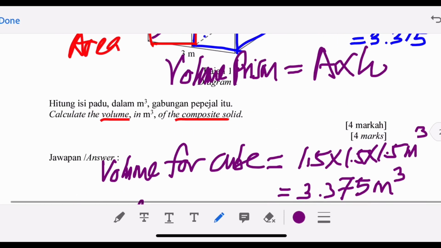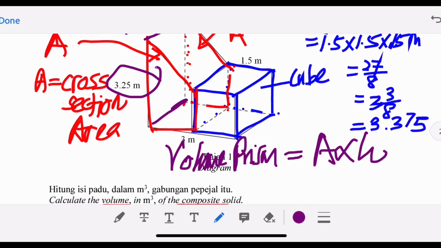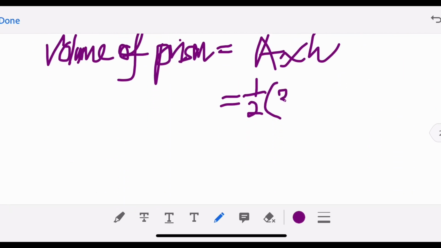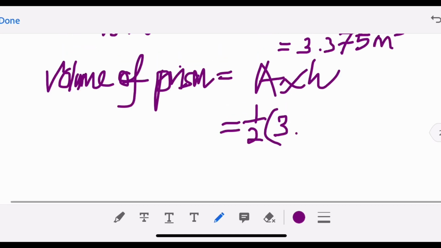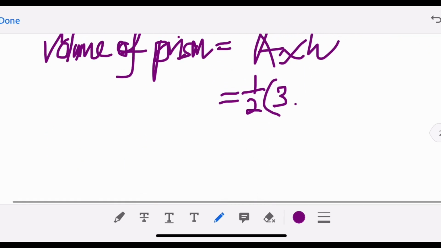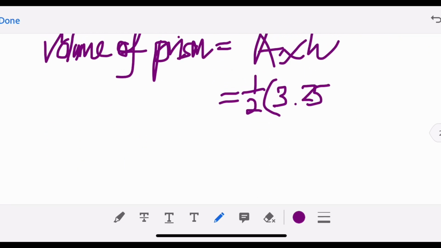A is the shorter one; the shorter one is 1.5 and the longer one is 3.25. So we will add the two, 3.25 plus 1.5. Make sure you carry forward the measurement correctly.